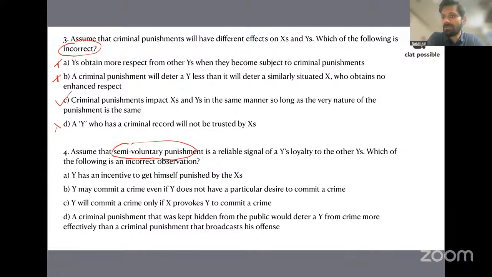So it is a reliable signal of a Y's loyalty to other Y's. Okay, so we will go back to the previous question in the third one, but let's do this one first. Which of the following is an incorrect observation in the fourth one?